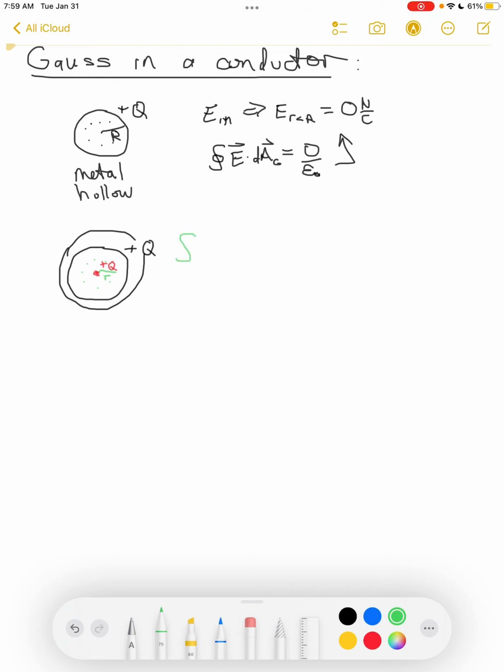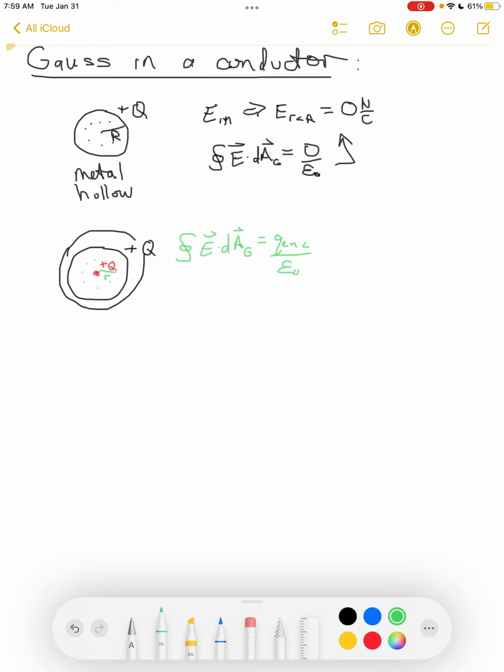And so if we ran Gauss's law, E dot dA over the Gaussian surface equals Q enclosed over epsilon naught. And we're going to look at this over that small r. You know that your electric field is going to be constant spherically here, so we can pull that out. And the dA and the surface are going to be perpendicular, so the area vector and the electric field vector will actually then be parallel.